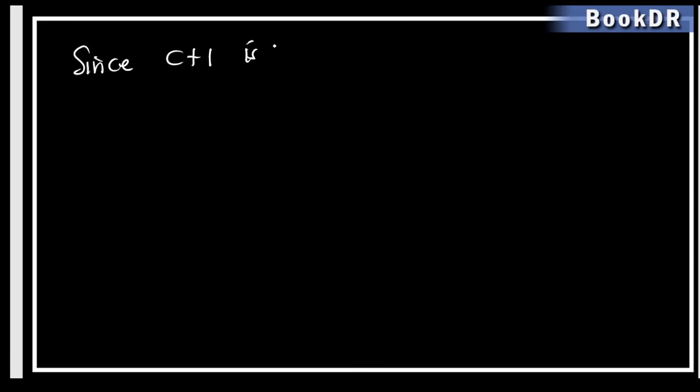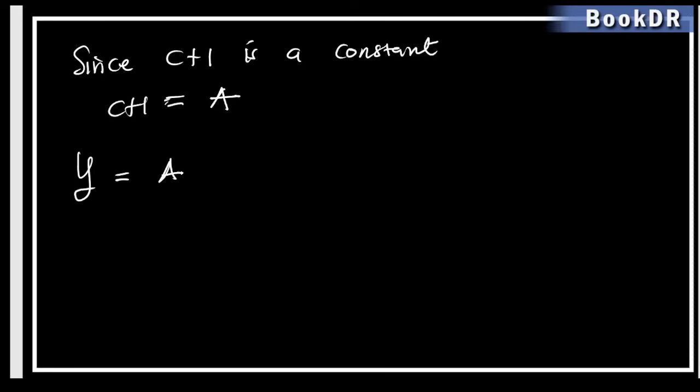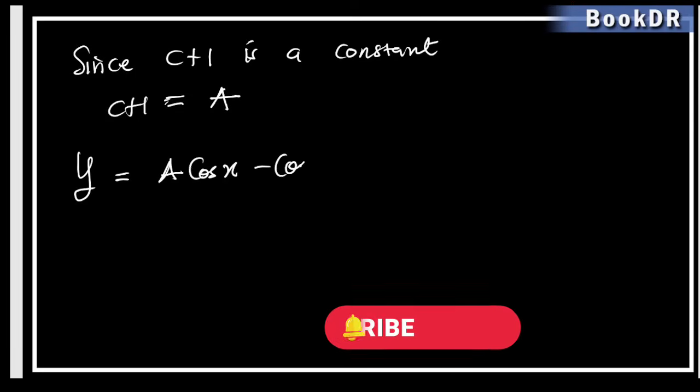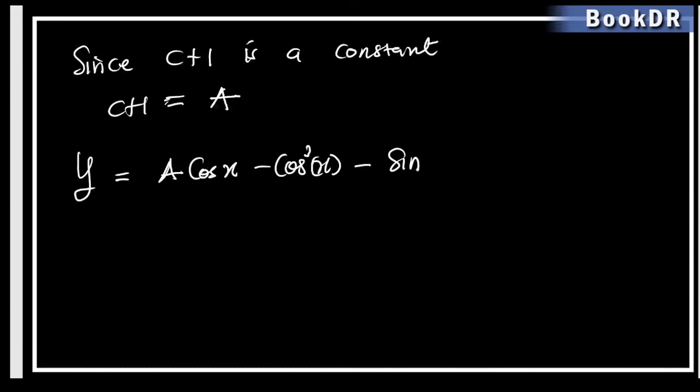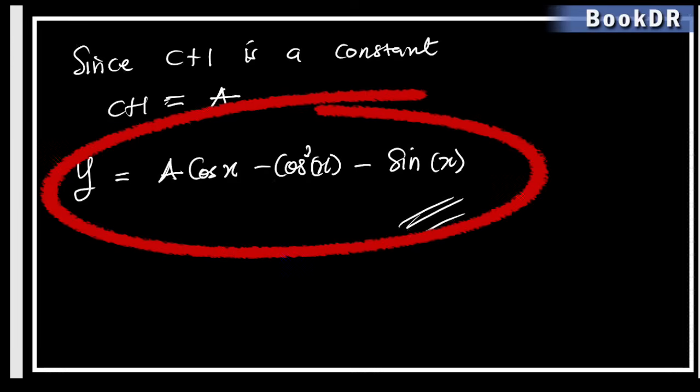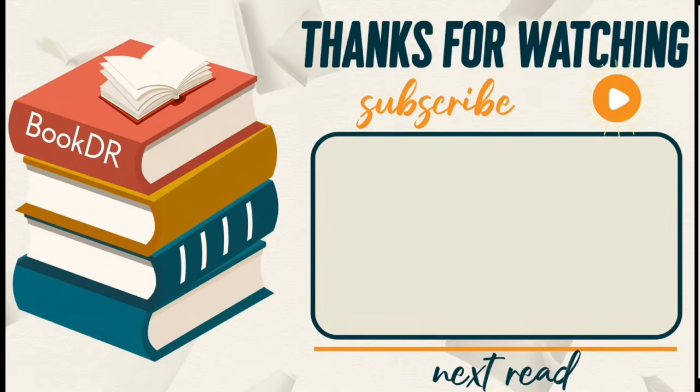Since c plus 1 is a constant, we can make life comfortable for ourselves by saying that c plus 1 is equal to some constant a, so that we can write our solution in a more compact form. y is equal to a cos x minus cos cubed x minus sin x. This becomes the general solution for our differential equation.